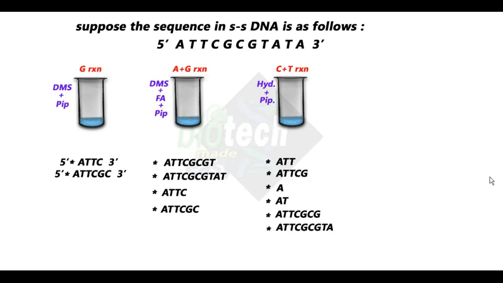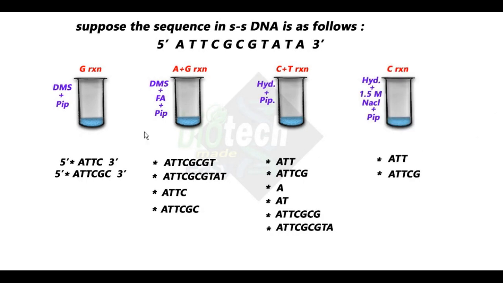And then the last tube is known as the C reaction, and the combination of the chemicals which you have used is hydrazine, NaCl, piperidine. And here in this case, you see it will break the chain only at the C point. So there are 2 times C here. So one break is going to be at this point, and the other break is going to be at this point.